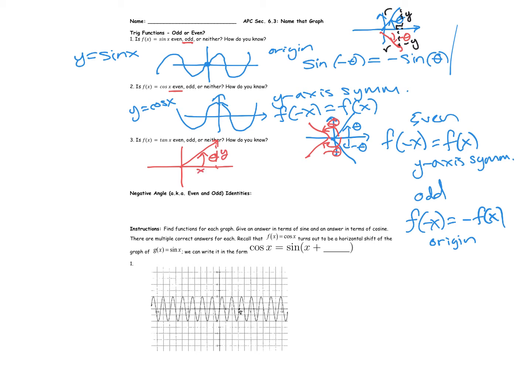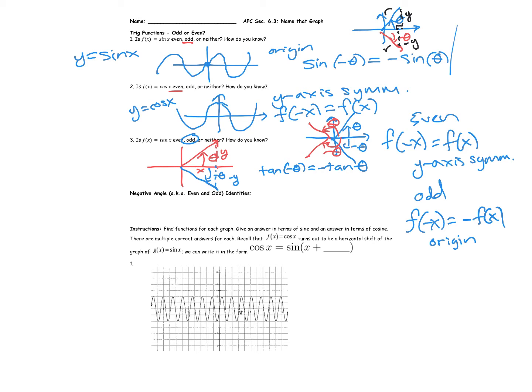But if we compare that to negative theta, x is exactly the same here, but the y value will be negative. So this means that tangent of negative theta is negative tangent of theta. So tangent also is odd. And once we get to seeing that graph, you'll see that it does have origin symmetry, much like sine has origin symmetry.